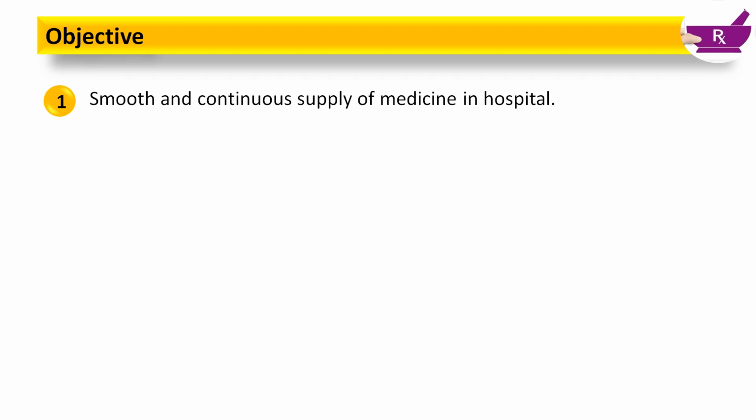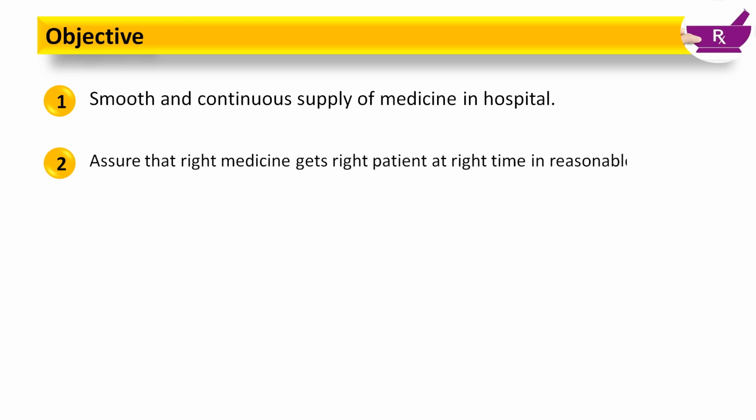Now, the objectives of this session: we have seen the main objectives. Now we'll see why we have to understand the outcome of this lecture session. One, you should understand the smooth and continuous supply of medicines in the hospitals. Two, assure that the right medicines get to the right patient at the right time and at reasonable cost.